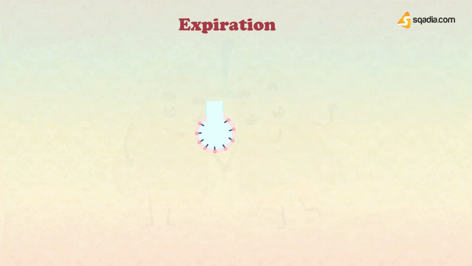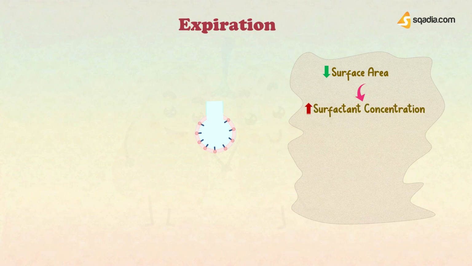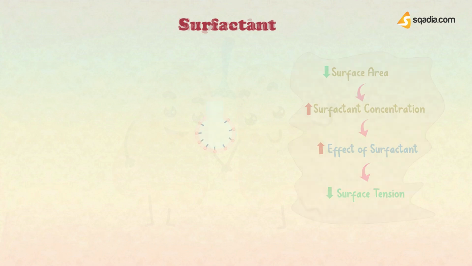Now, during the expiration, as alveoli shrink and the fluid surface area is reduced, surfactant is thus concentrated, further reducing surface tension and preventing alveolar collapse, and helps maintain similar alveolar sizes and reduces lung stiffness and transudation.